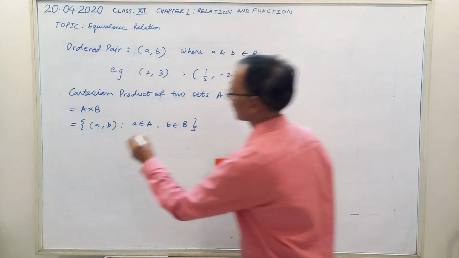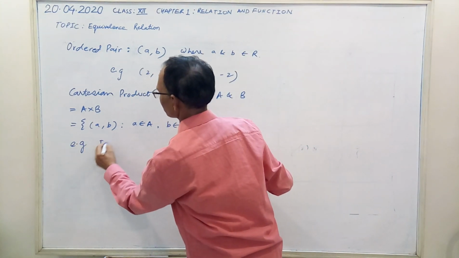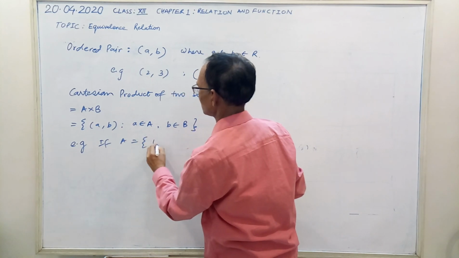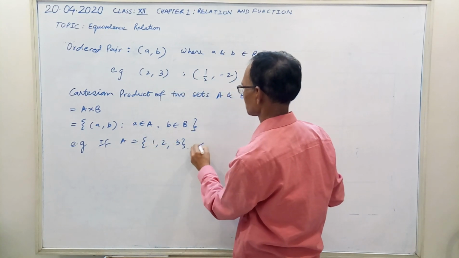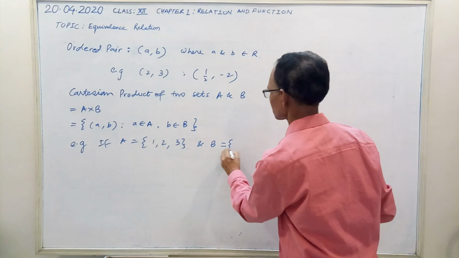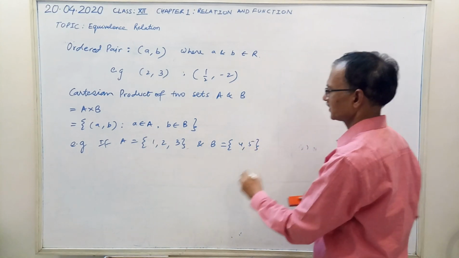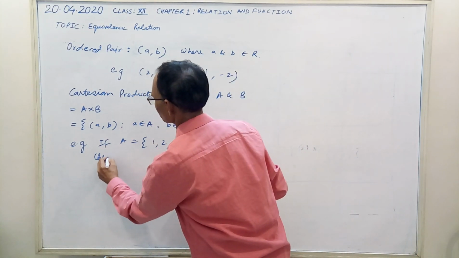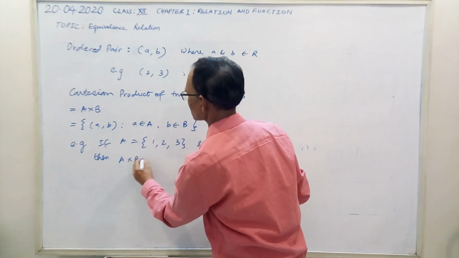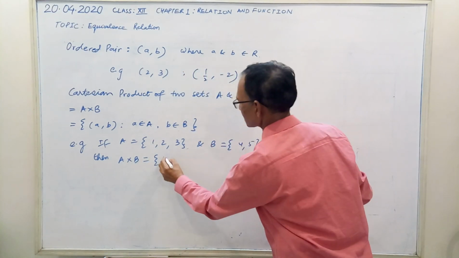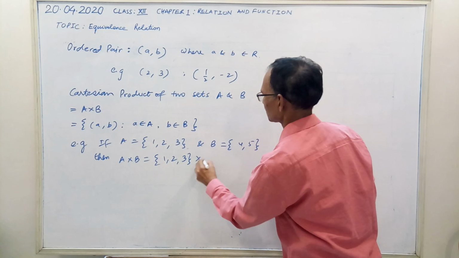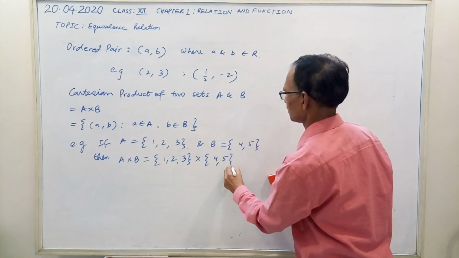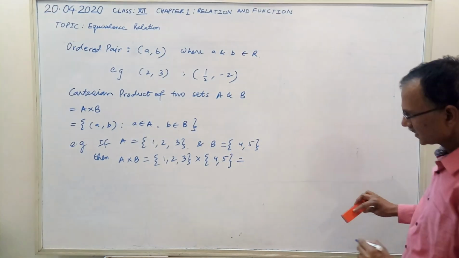As an example, if A is {1, 2, 3} and B is {4, 5}, then A cross B is obtained by pairing numbers.